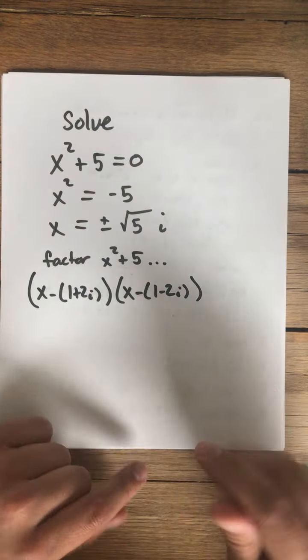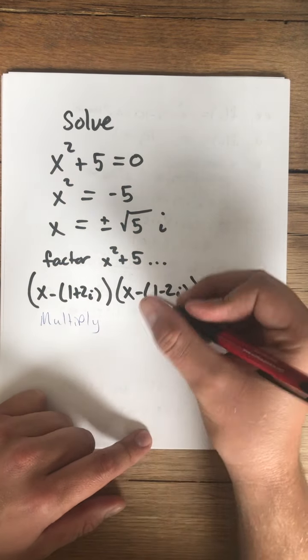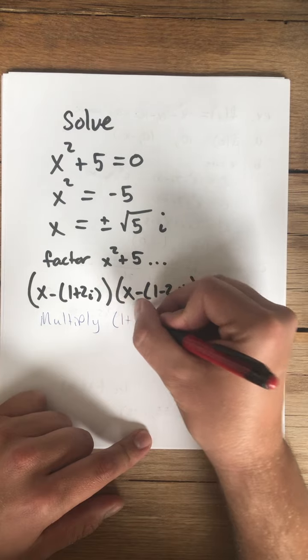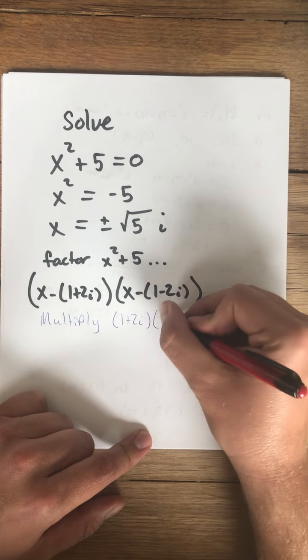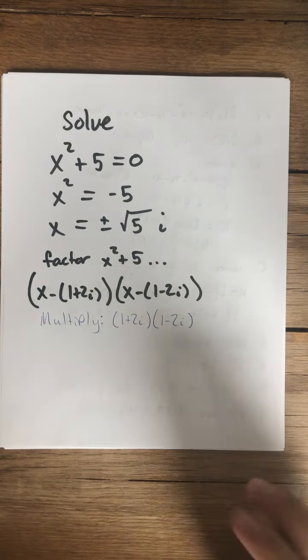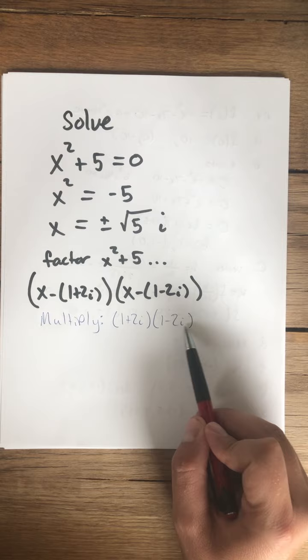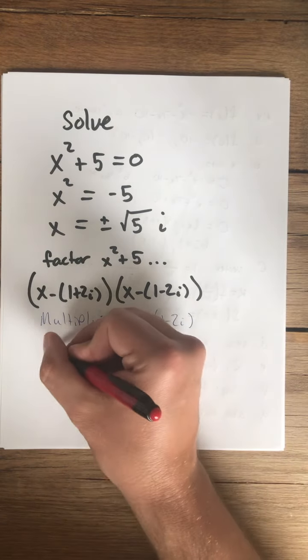Actually, let's make this a little easier so I don't have to multiply out trinomials. I can accomplish the same thing by just multiplying these out. When we say conjugate, it means if this is 1 plus 2i, its conjugate is 1 minus 2i. So let's multiply that out.